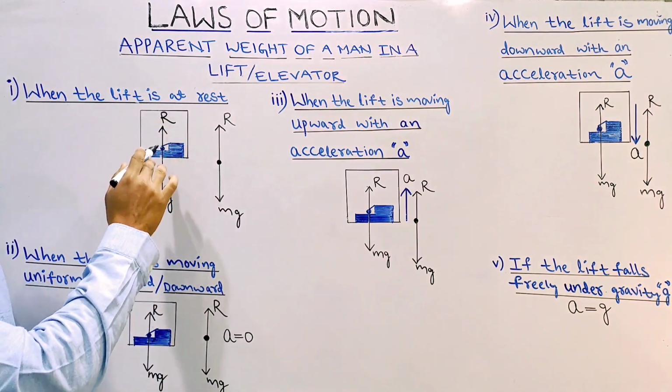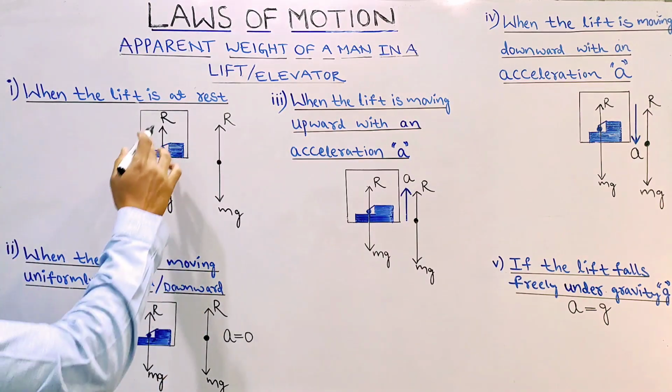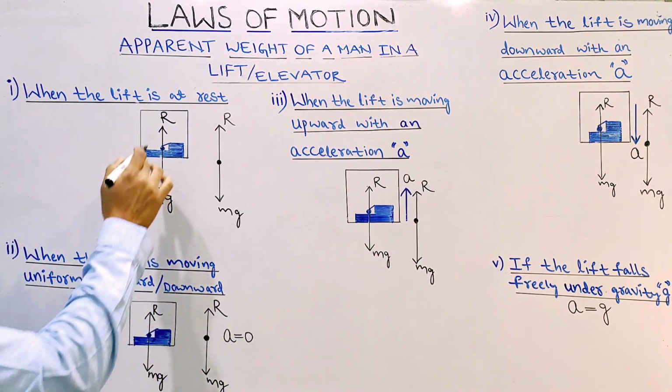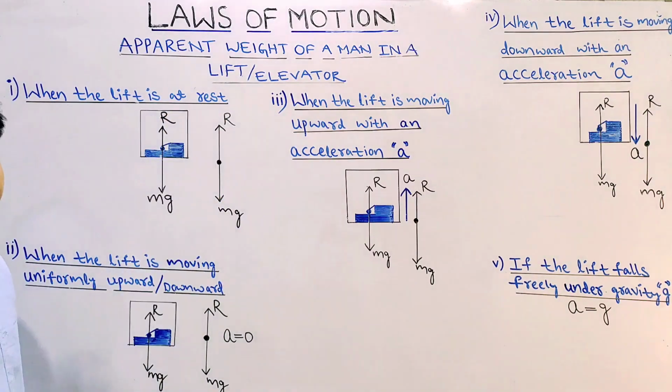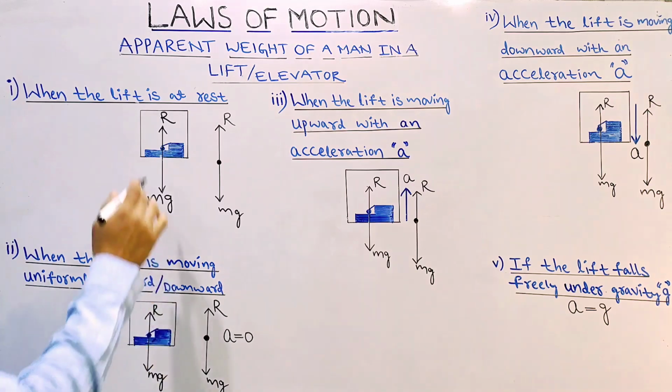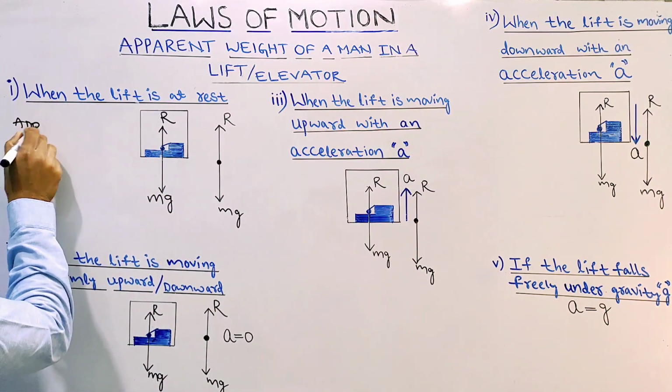This reaction is denoted by the symbol R, and that is what we call apparent weight.